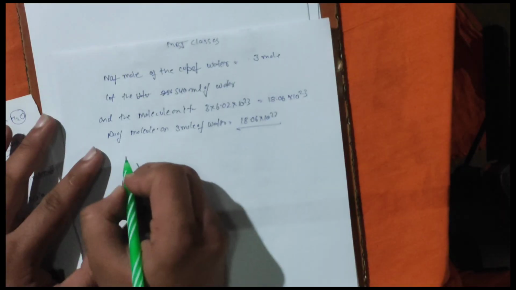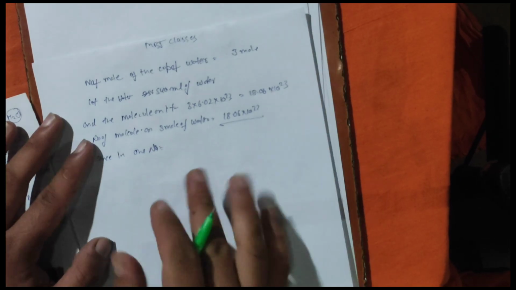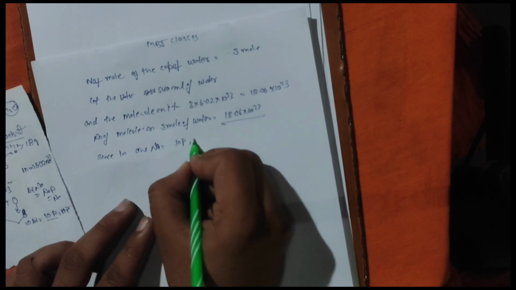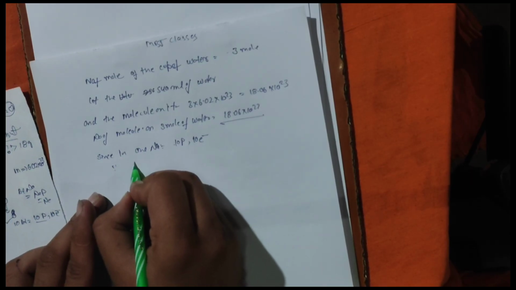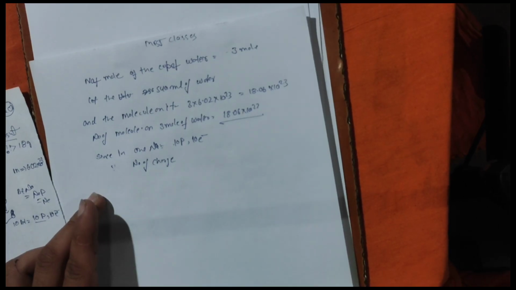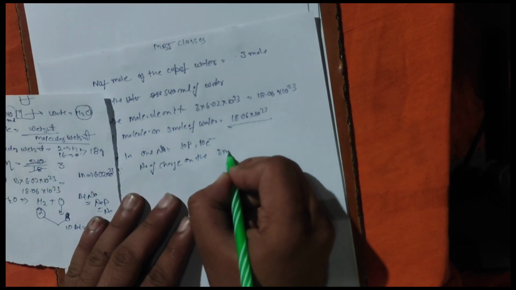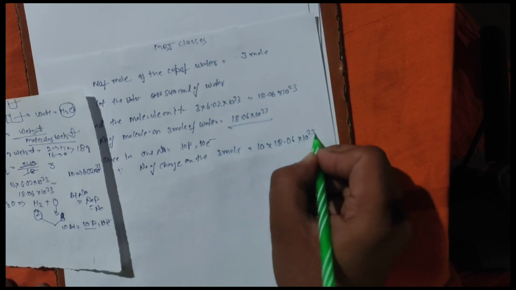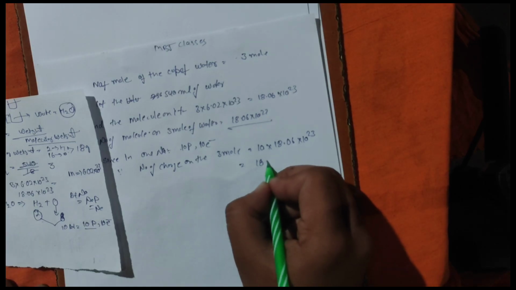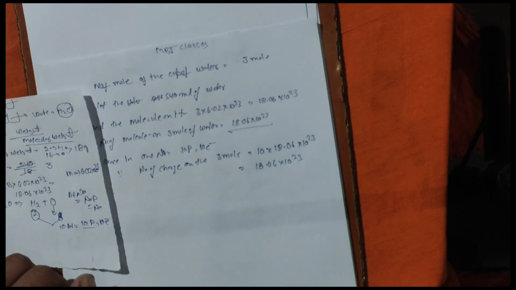So in one molecule we have 10 protons, basically positive charge, and 10 electrons. Therefore the number of charges on the 3 moles, basically the whole cup of water, is 10 into 18.06 into 10 to the power 23, which overall becomes 18.06 into 10 to the power 24 of positive charge.